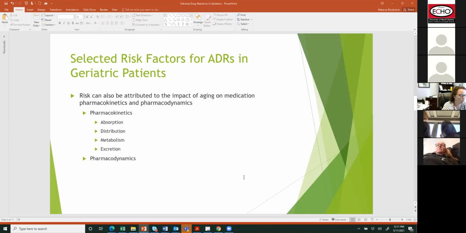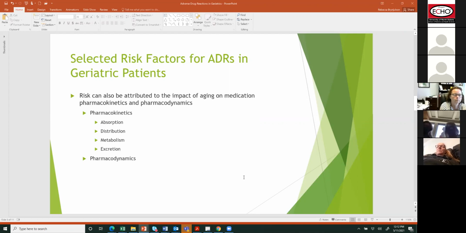It could be that patients may have conditions that would predispose them to decreased absorption through their GI tract. There also is a decrease in active transport. So some things like calcium, iron, and vitamin B12 are not absorbed as well in geriatric patients as they are in other patient populations.